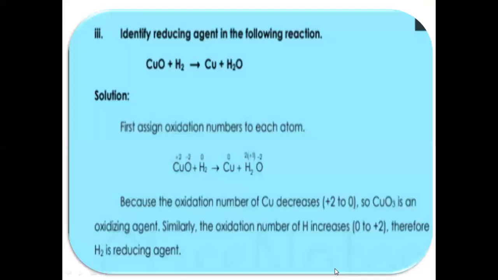Question number 3, identify the reducing agent in the following reaction. First of all, we have to assign the oxidation number to each atom. Copper plus 2, oxygen minus 2, hydrogen in elemental form is 0, copper is 0, and oxygen minus 2. One hydrogen is plus 1, so for 2, it will be plus 2. Now, we have to find out the reducing agent. So let us check which one is oxidized.